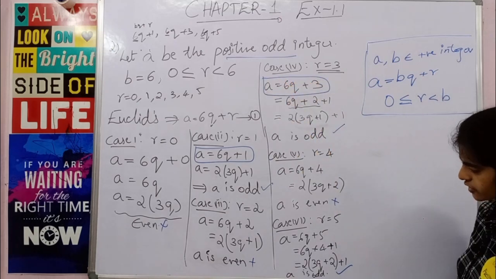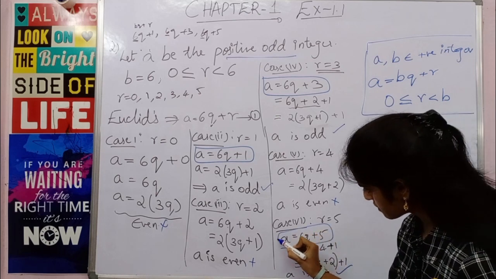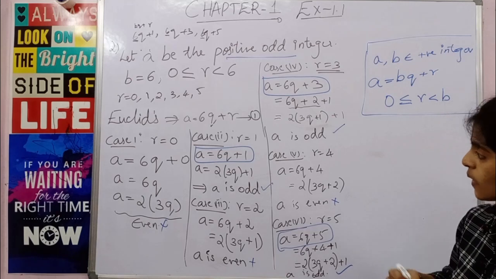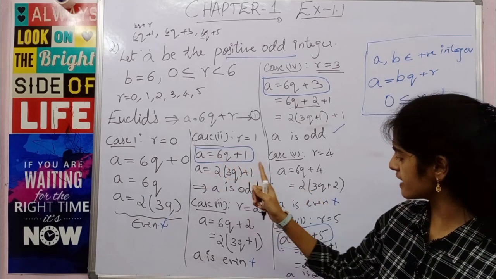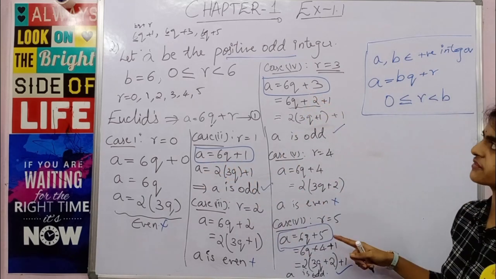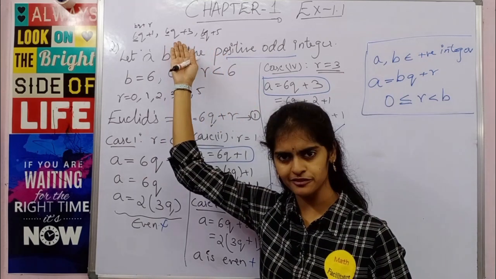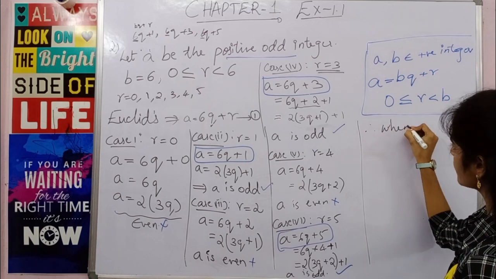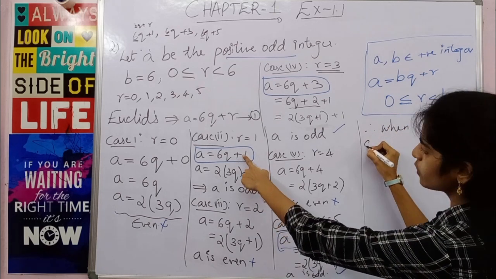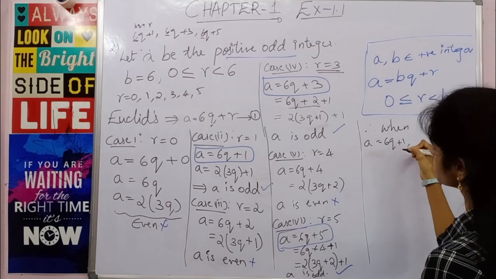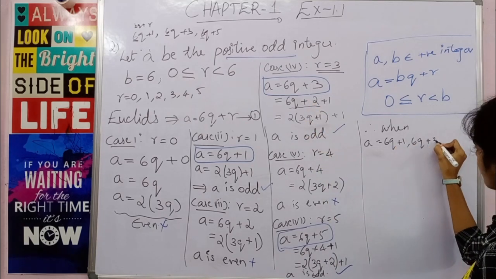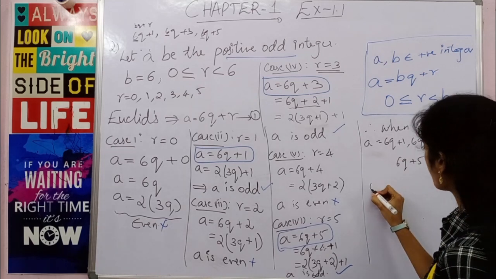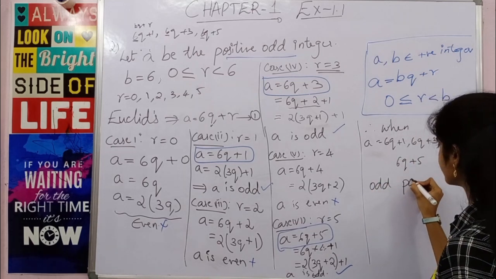When you took R equal to 5, A is 6q plus 5. So when did you get an odd integer? When A equal to 6q plus 1, 6q plus 3, 6q plus 5. Is that what we have to prove? Right, so let us conclude, therefore when A is equal to 6q plus 1, 6q plus 3 or 6q plus 5, you got an odd positive integer.